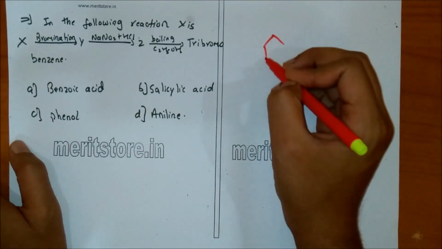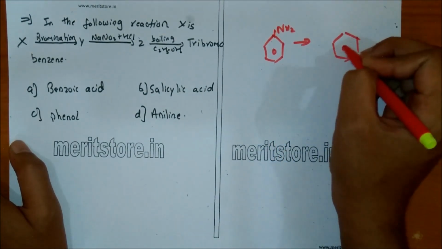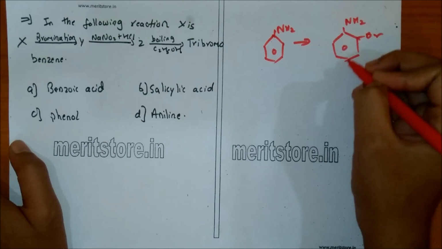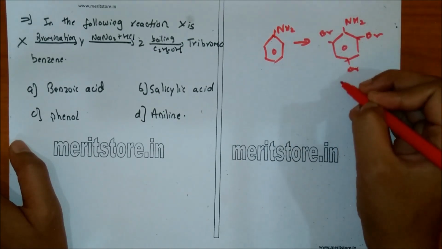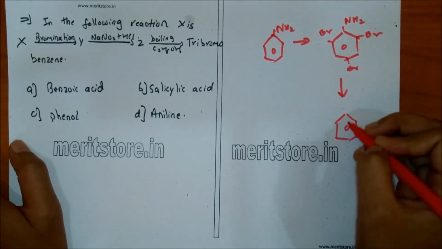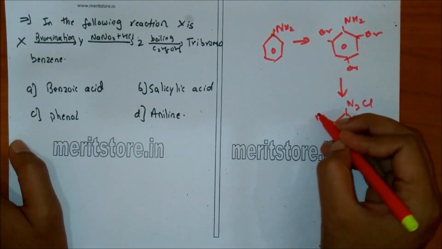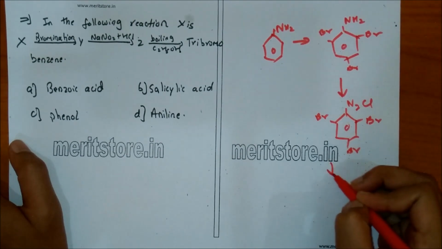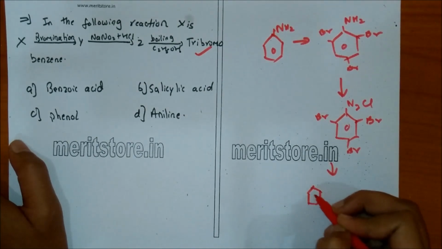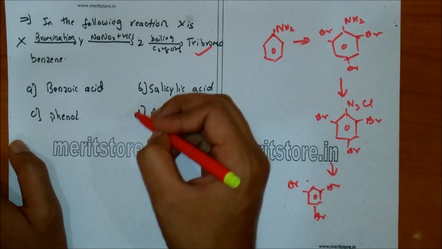When aniline is brominated, it gives 2,4,6-tribromoaniline, which on further reaction with NaNO2 and HCl will give diazonium tribromobenzene, which on boiling with ethyl alcohol gives tribromobenzene. So option D is the correct answer.